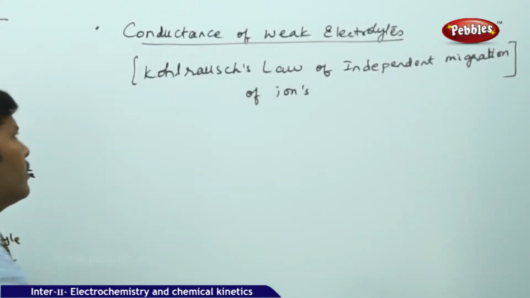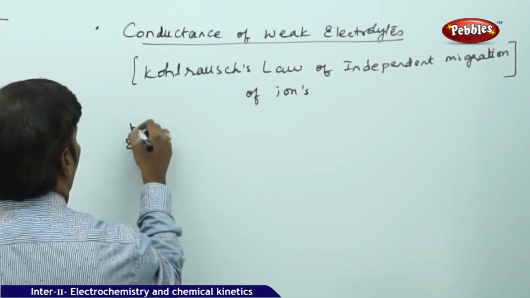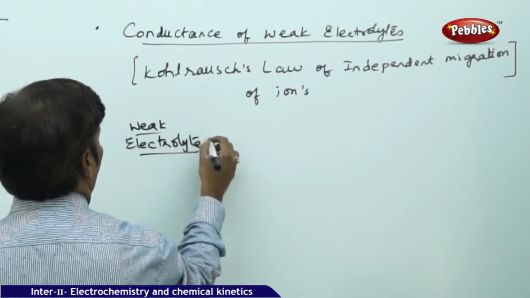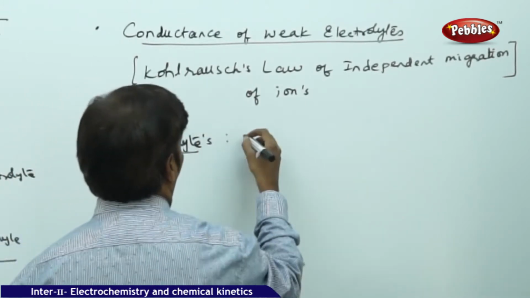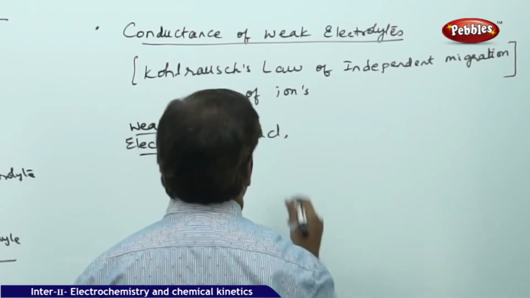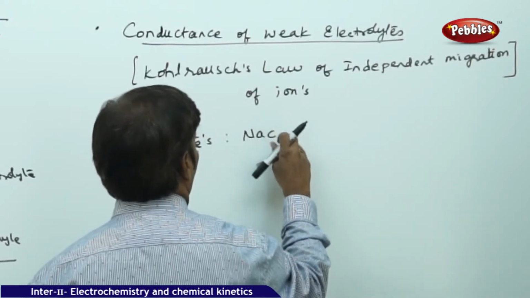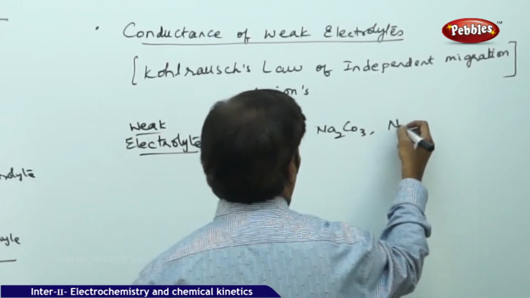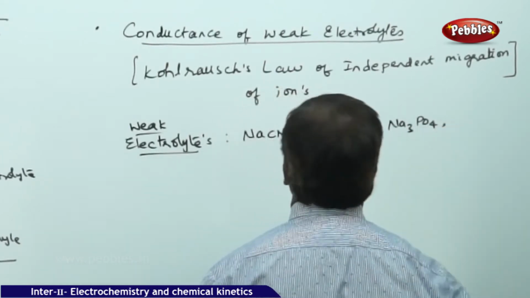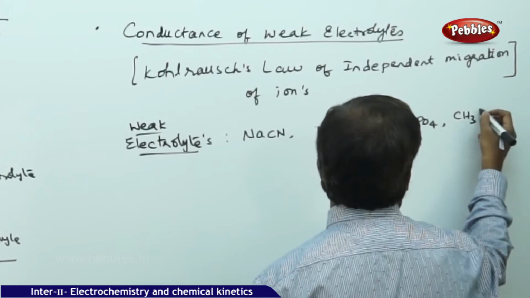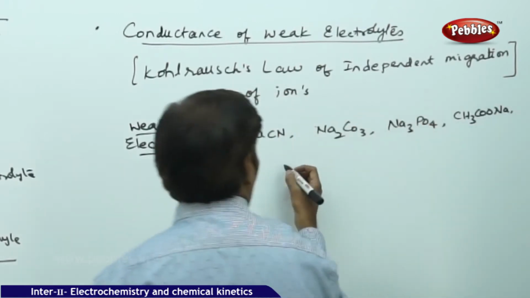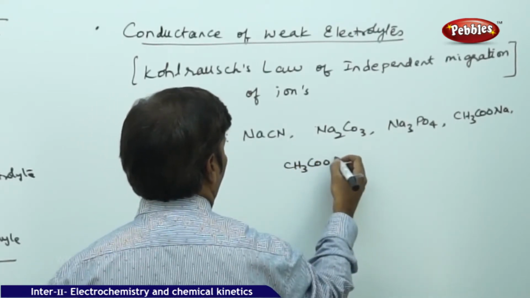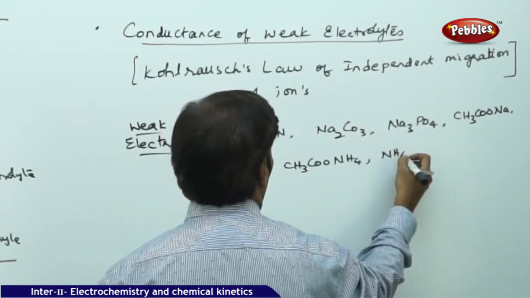Suppose you take some examples of weak electrolytes: sodium cyanide is a weak electrolyte, Na2CO3 is a weak electrolyte, sodium phosphate is a weak electrolyte, then sodium acetate, then ammonium acetate, ammonium chloride.